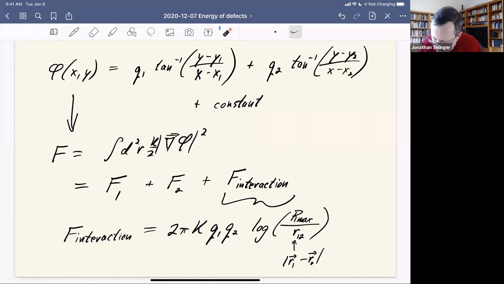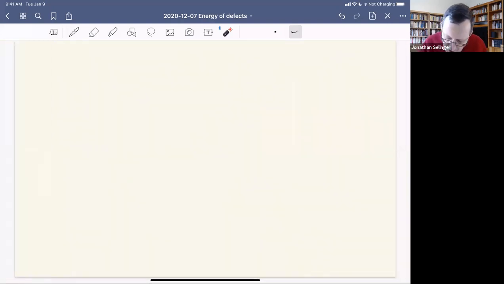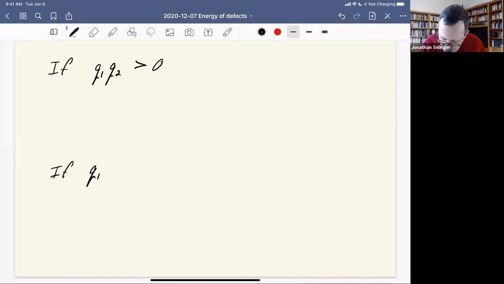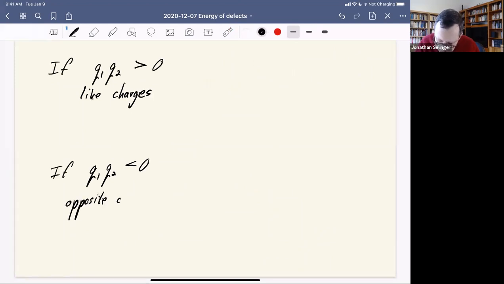And so indeed, you could ask, what's the interaction if Q1 times Q2 is positive versus what happens if Q1 times Q2 is negative? So this means like charges versus opposite charges.